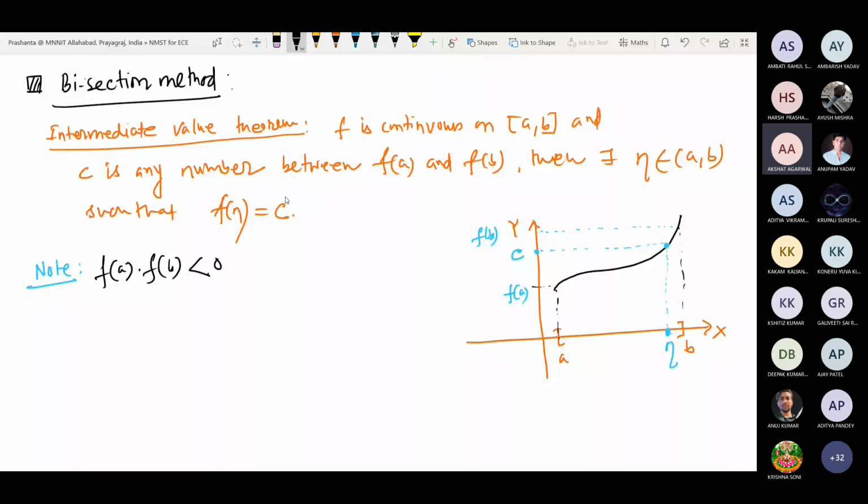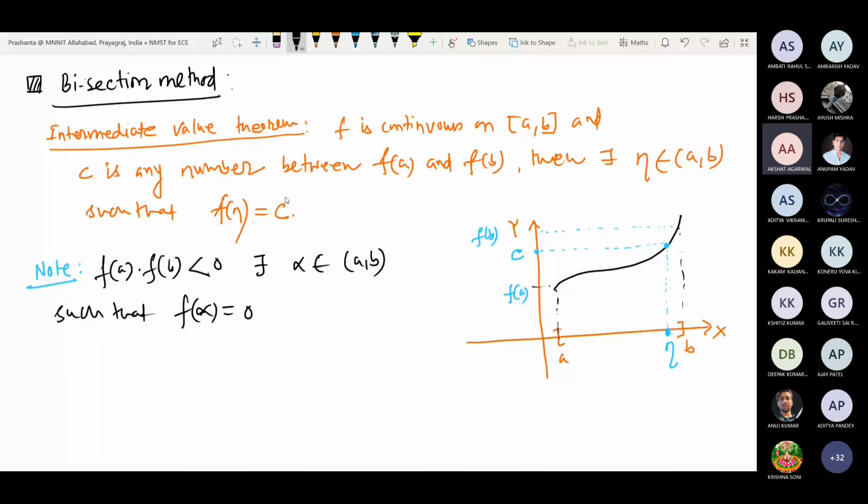So what will happen then? Can we say the function has a root? Yes, sir. Then there exists alpha belongs to open interval a comma b such that f of alpha equals 0. Does it make sense?